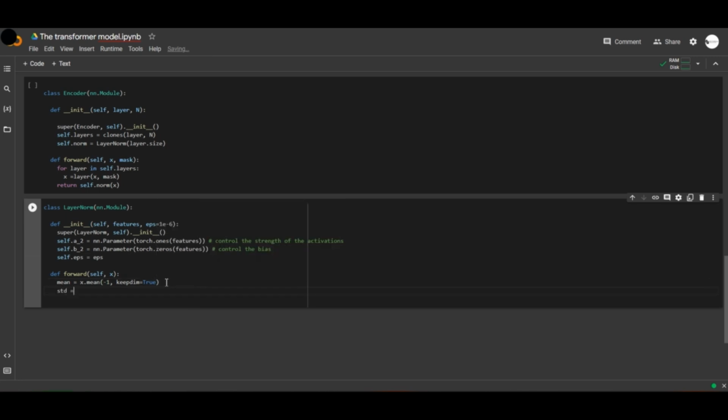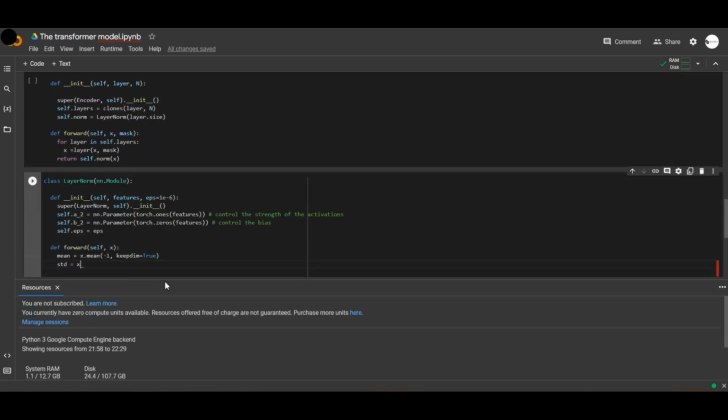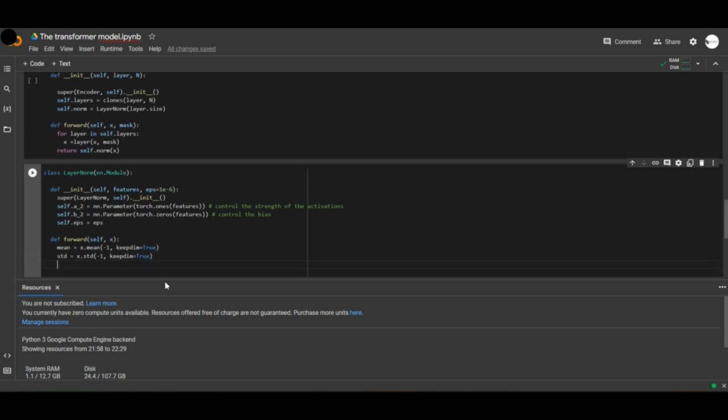We have standard deviation, so x.std with -1 and keepdim equals True. This is how we normalize: we take x, subtract the mean from the input, then divide by the standard deviation.